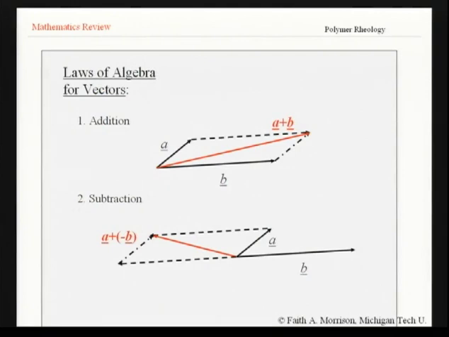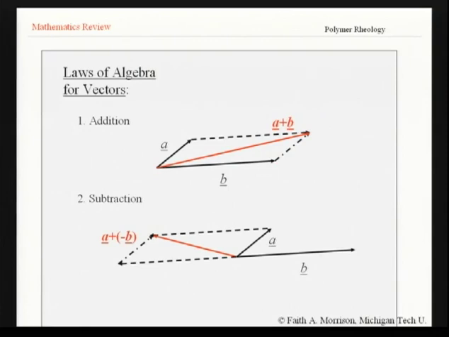We occasionally need to do this. Addition is easy. We create this parallelogram, and the diagonal of the parallelogram is the sum of the two vectors. Or you can think of it as A plus B. Okay? Subtraction is just adding the negative.